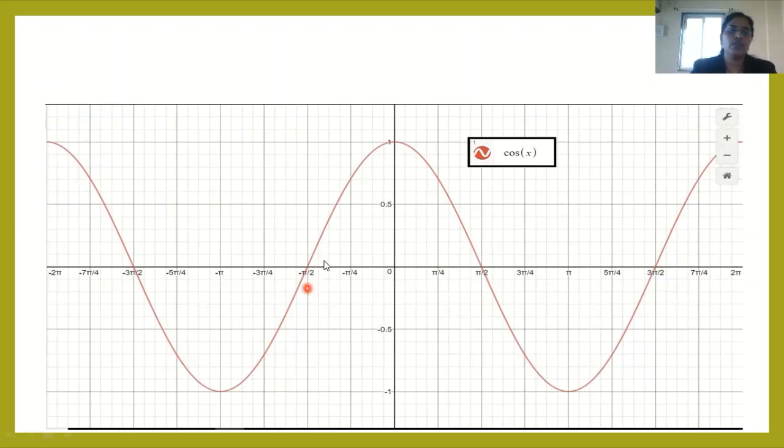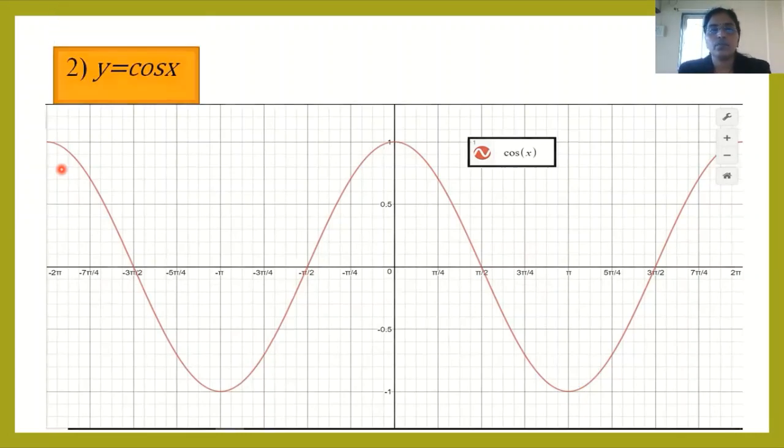Similarly, we take negative values. Cos of minus pi by 2 is 0, cos of minus pi is -1, cos of minus 3 pi by 2 is 0, and cos of minus 2 pi is 1. This is the graph for y is equal to cos x.